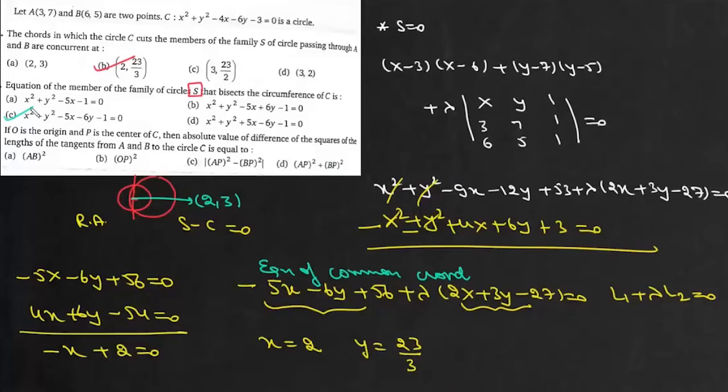And this third question is, if O is the origin and P is the center of C, then the absolute value of the difference of squares of lengths of tangents from A and B to the circle is equal to what?